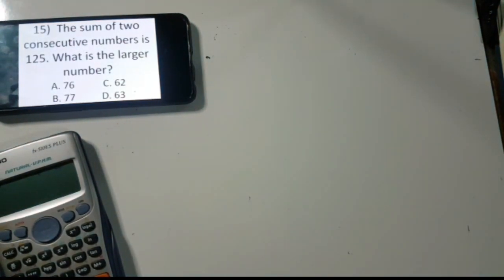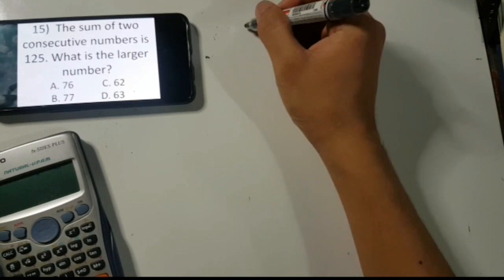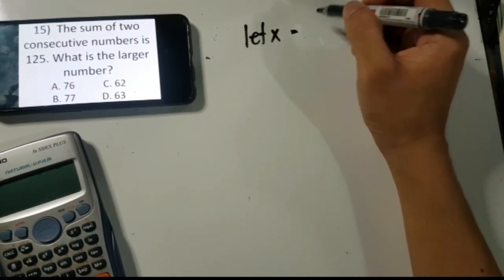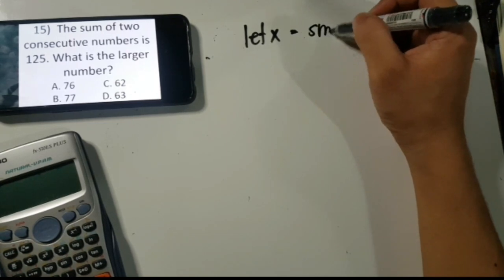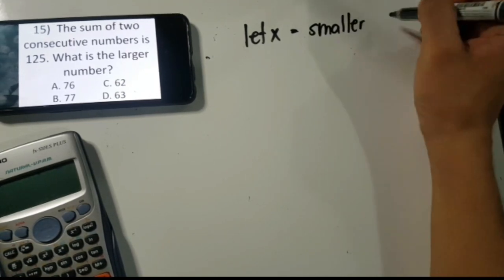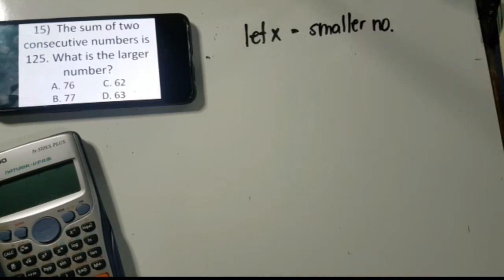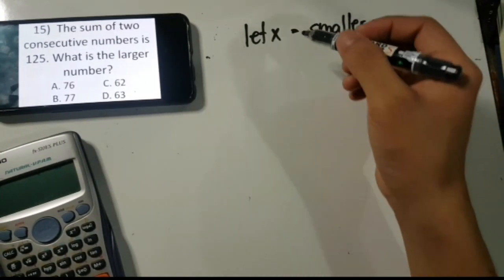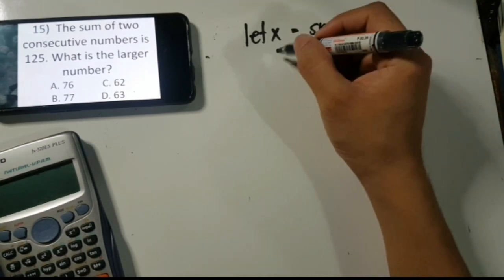Next question. The sum of two consecutive numbers is 125. What is the larger number? So, ilet natin si x as the first number or the smaller number. So, since consecutive number sila, so meaning susunod na number ay mas mataas ng 1 sa previous number.